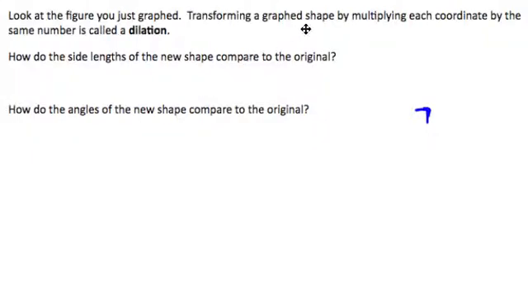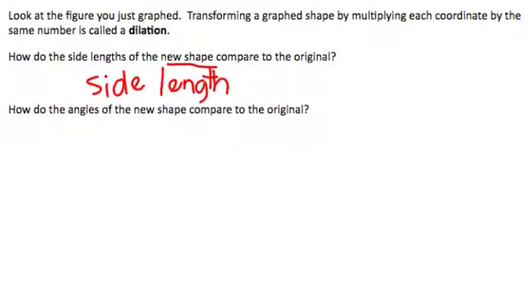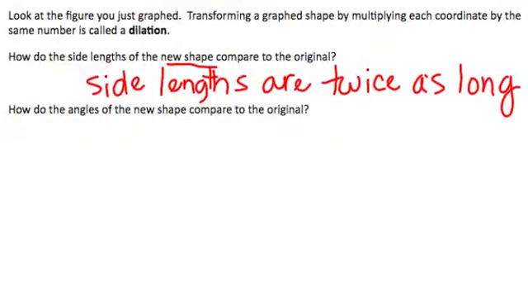So when we're answering these questions right here, we can talk about the side lengths. The side lengths of the new shape are twice as long because everything was multiplied by 2.